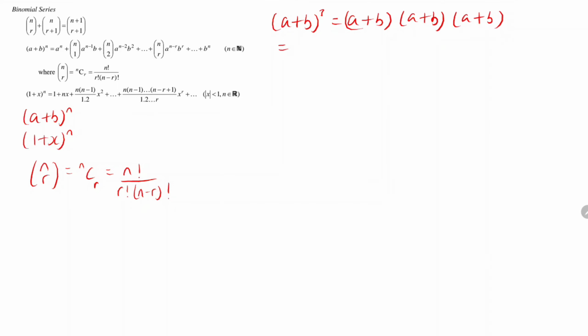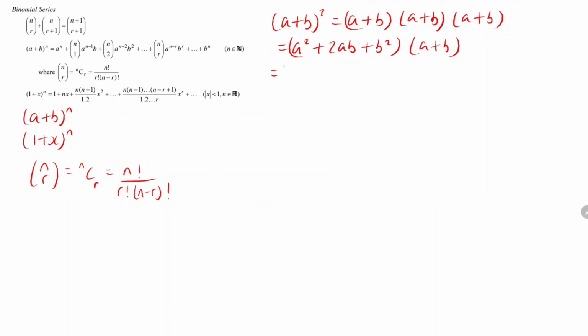I'm going to do this to emphasize where these coefficients come from and how you can use the formula to obtain them. Okay, a times a is a squared. We've got a times b and then b times a, which gives us 2ab, and then b times b, which is b squared. We're going to times it by (a + b) again.